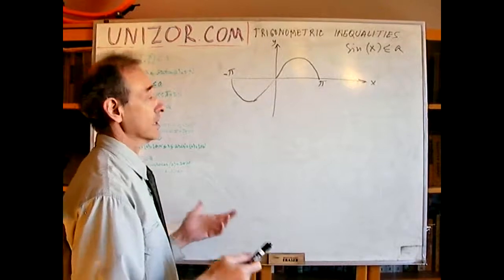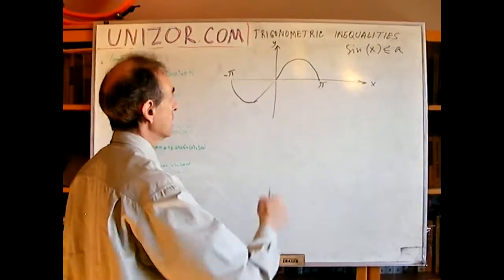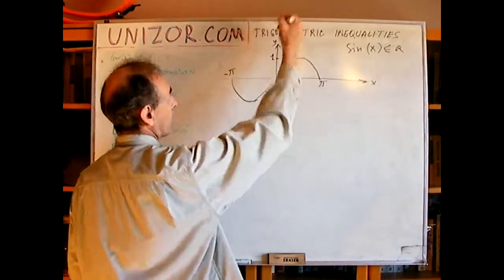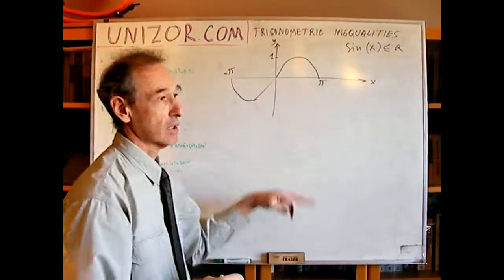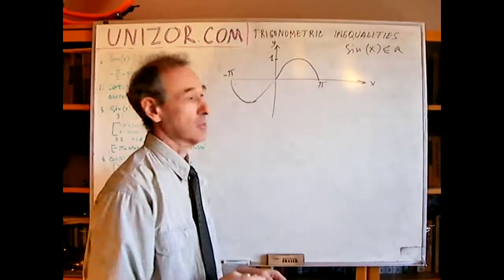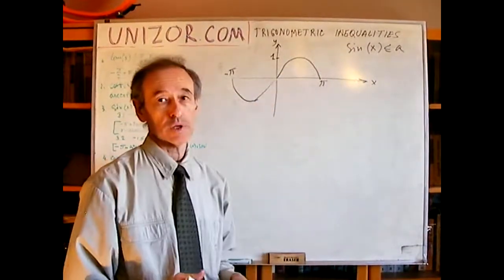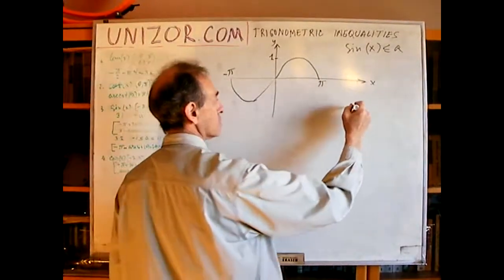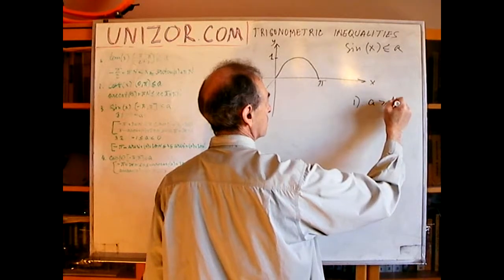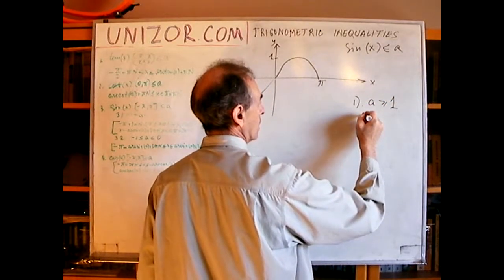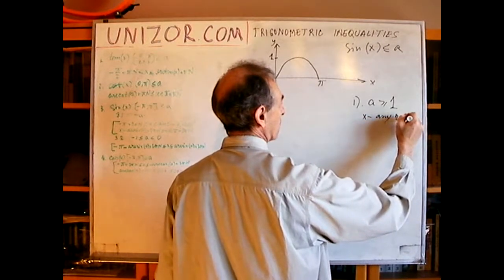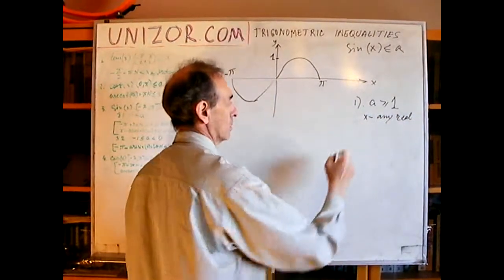Well, first of all, it's obvious that if a is 1 or above, then every x would be a solution, because sine cannot be greater than 1. So let me just do it. Case number 1. If a is greater than or equal to 1, then x can be any real number. Now, second case.